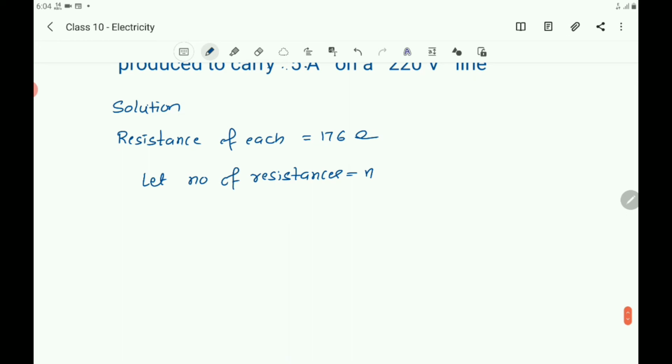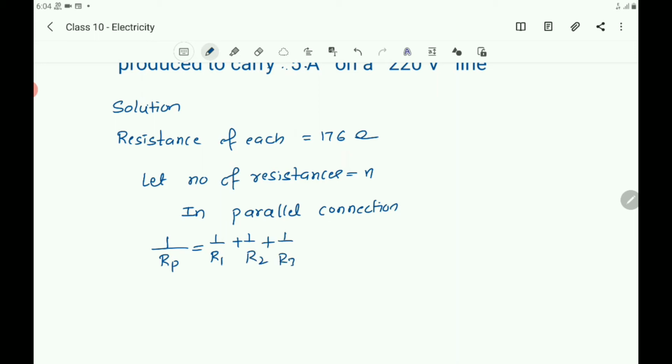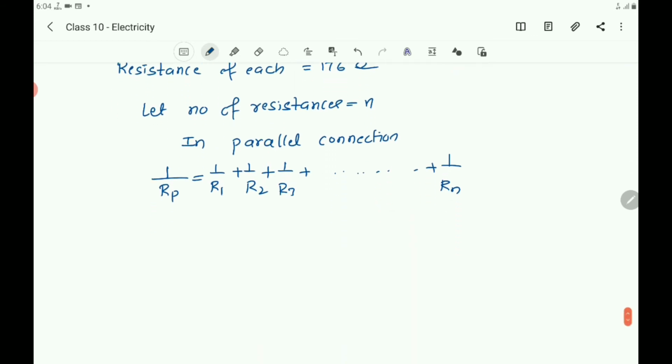Now you know that in a parallel connection, here the connection is parallel, 1 by Rp equals 1 by R1 plus 1 by R2 plus 1 by R3 plus and so on, plus 1 by Rn.